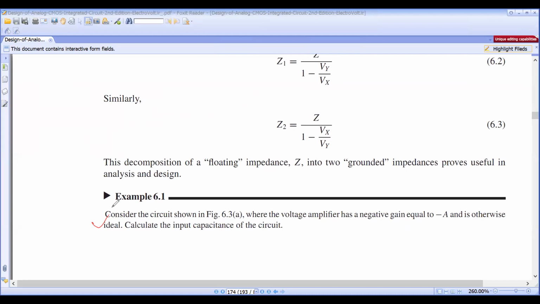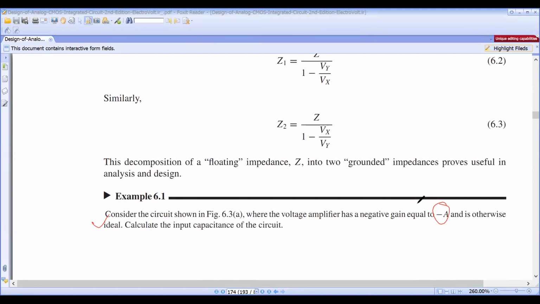Consider the circuit shown in the figure where the voltage amplifier has a negative gain whose value is minus A and is otherwise ideal. Calculate the input impedance of the circuit. He's asking us to find the input impedance of the circuit. Okay, we'll see.